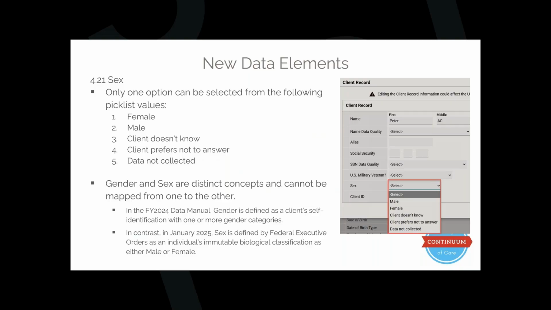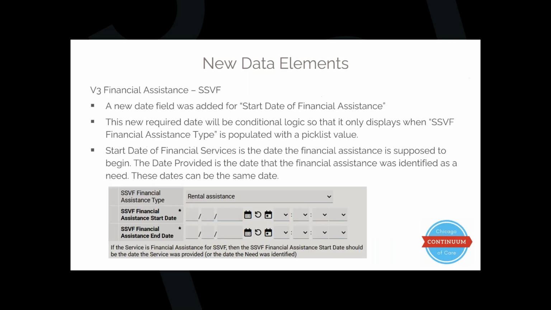Okay, any more questions before we move on to the next slide? Okay, so the next new data element is going to be financial assistance, which is going to be for SSVF funded projects.